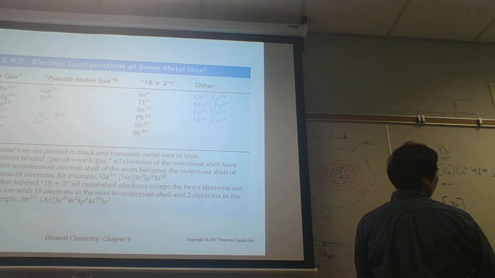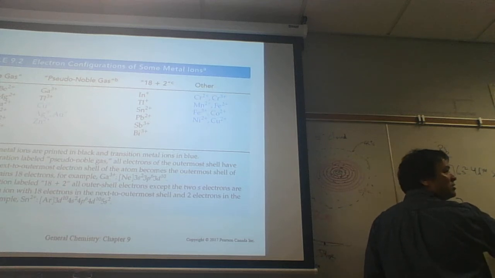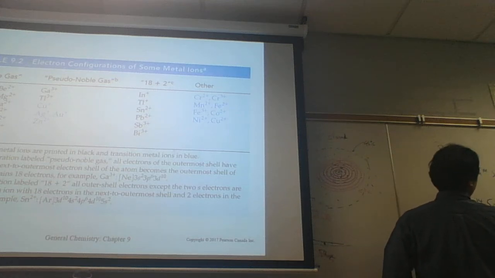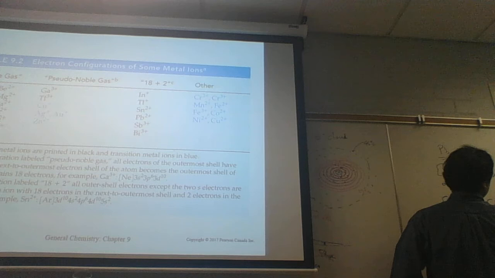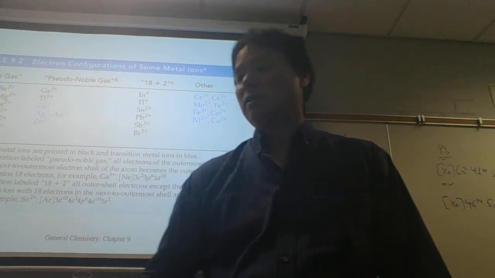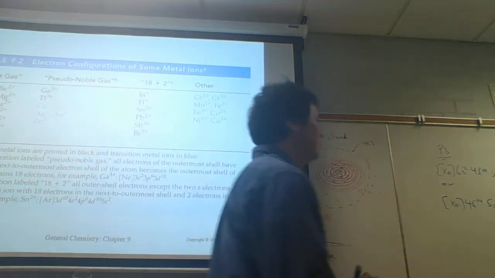Now we'll arrange it in order of distance from the nucleus. 4f will be the closest, so it'll be 4f14. And then 5d will be the next closest, and then the 6s2 and the 6p2. Now what do you think the common charges for lead are?